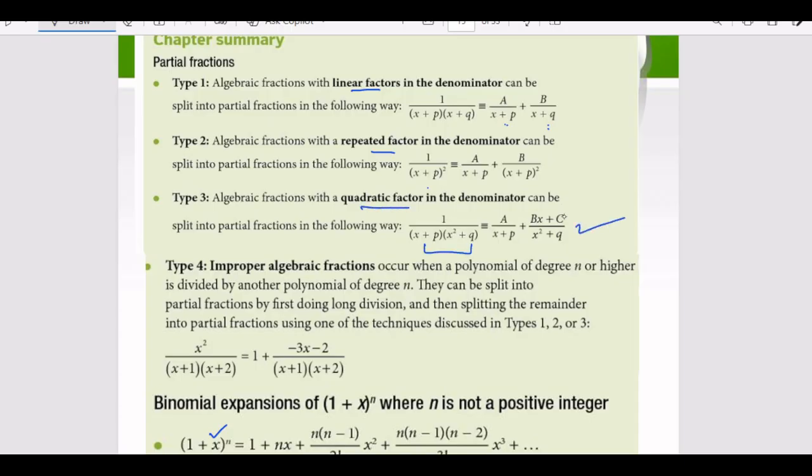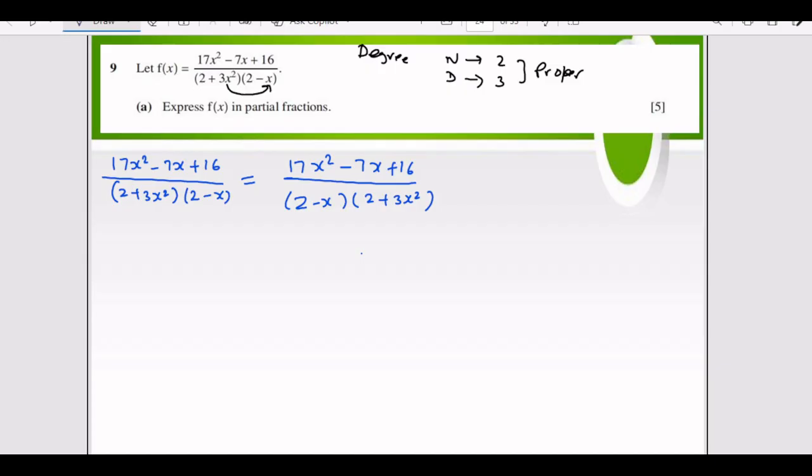So we will use this decomposition: A over the first factor, which is 2 minus x, plus Bx plus C over the second, quadratic factor, 3x squared plus 2. I'm just writing the constant behind.